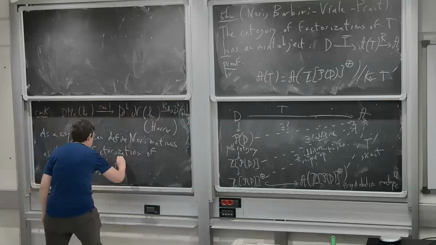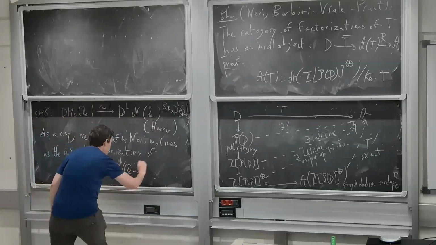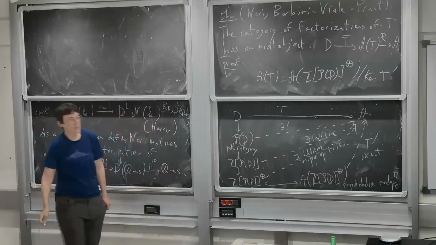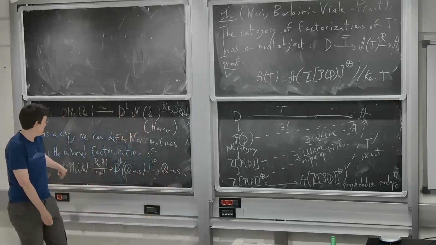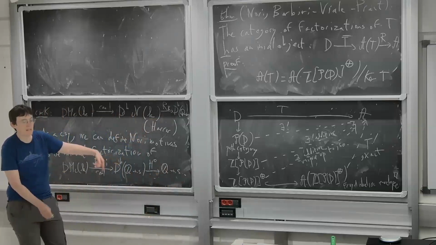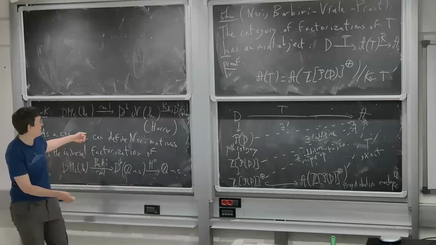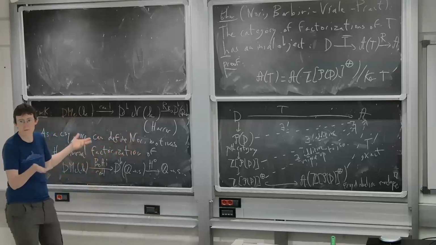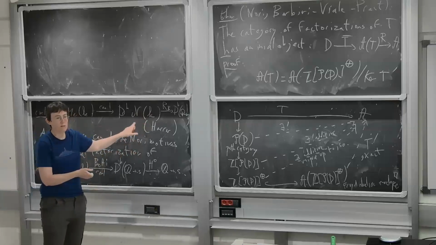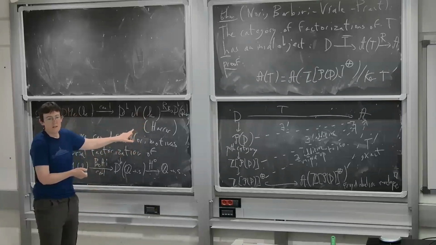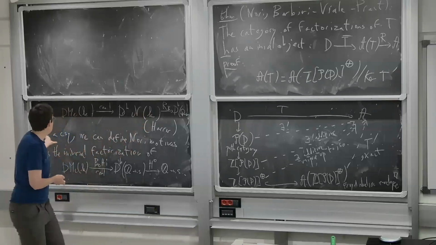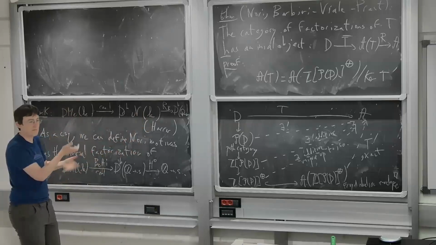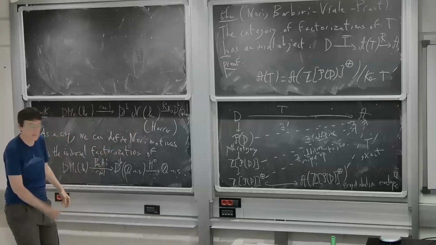This runs into complexes of vector spaces. You take H0, this runs into vector spaces, and you take the universal factorization of that. And this is Nori motives, and the advantage is that you don't need to invert the Tate motive or anything. You just get this category of Nori motives directly. The drawback is that this is a more complicated construction because you're using Voevodsky motives instead of just very basic things.